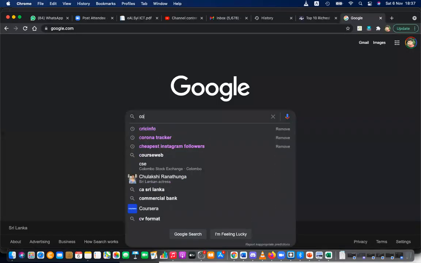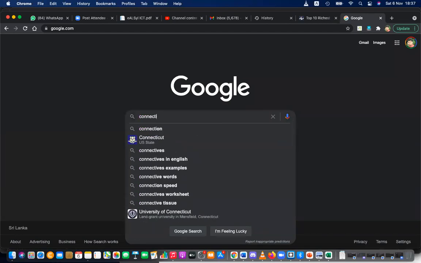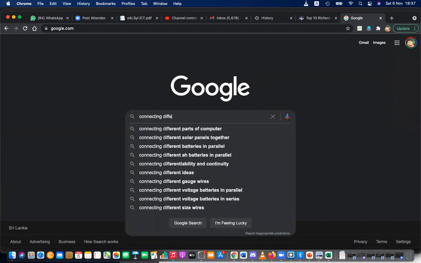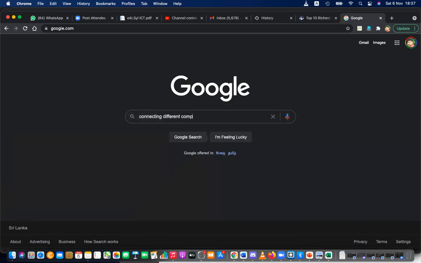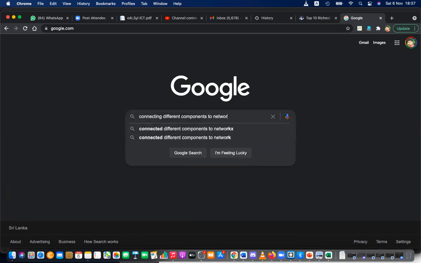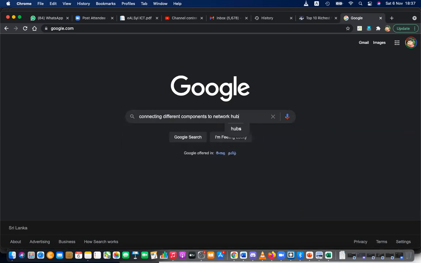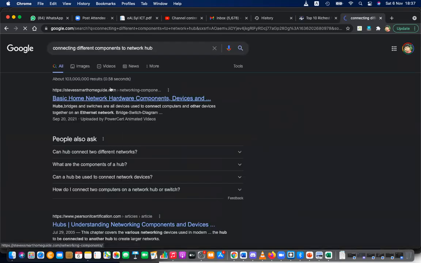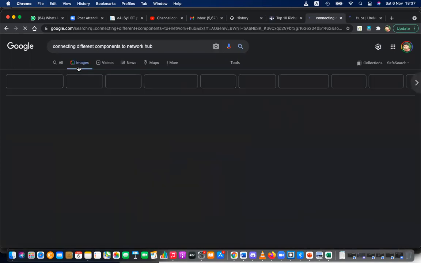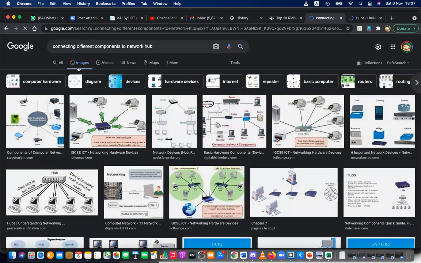Connecting different components to a network hub. You can read different articles on the internet, and you see the pictures and diagrams.